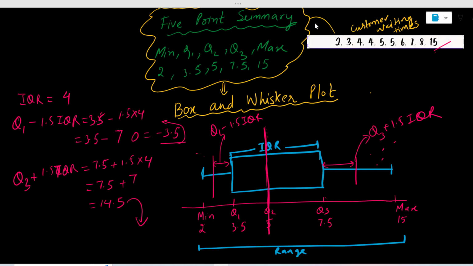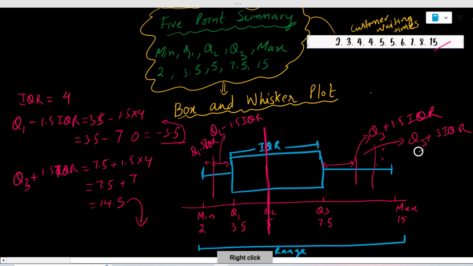And also to note that there is one more fence, which is Q3 plus 3 IQR, and on this side we have Q1 minus 3 IQR. Any point below this or above these is a major outlier, okay?